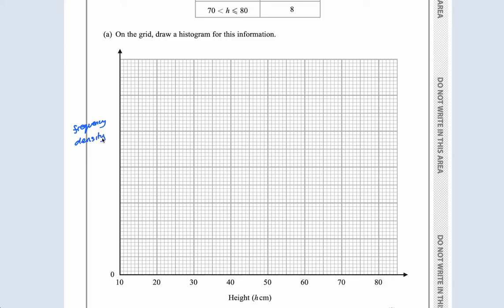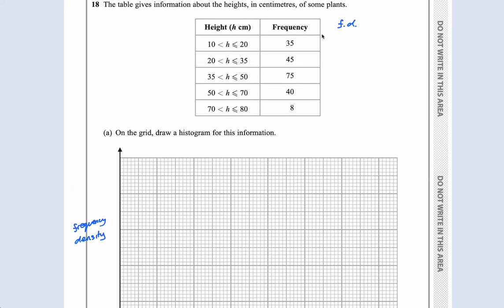To get the frequency density is equal to the frequency over class width. That is a formula you need to know.